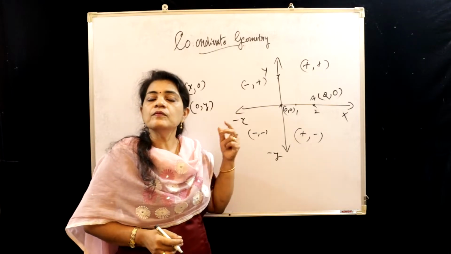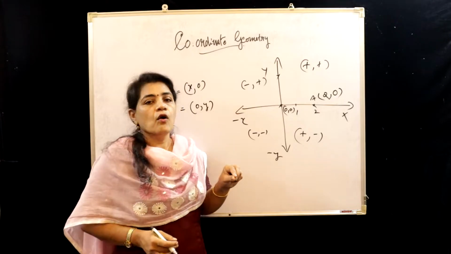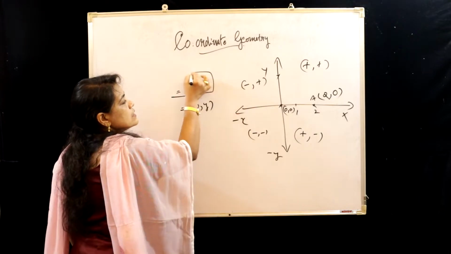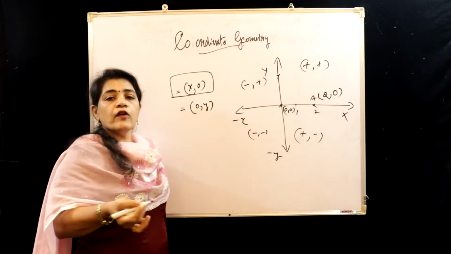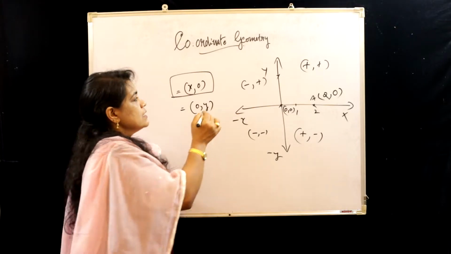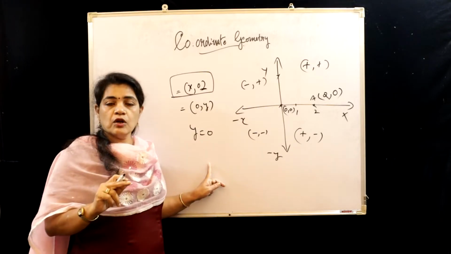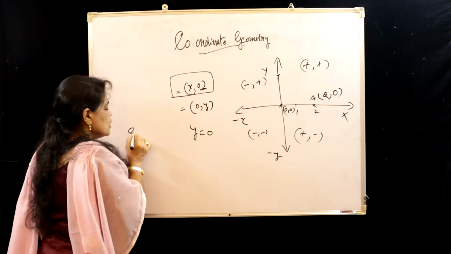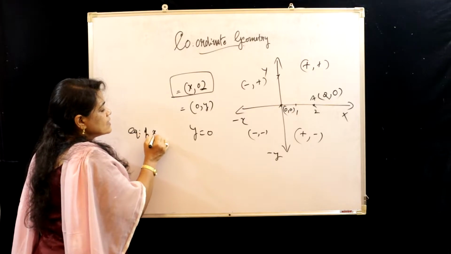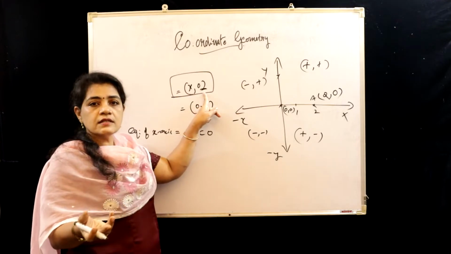From this you will get the equation of the x-axis. This is the general form of any point on the x-axis, so its equation is y equal to 0, because y is constant.